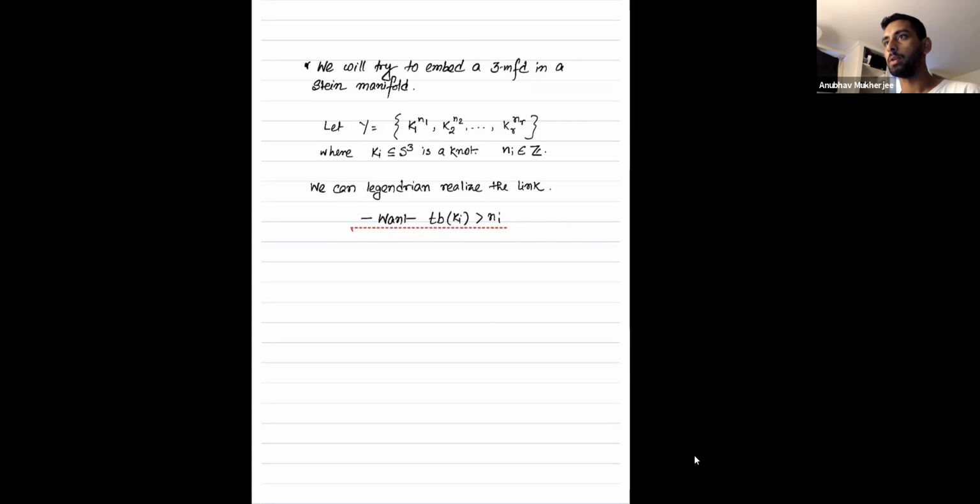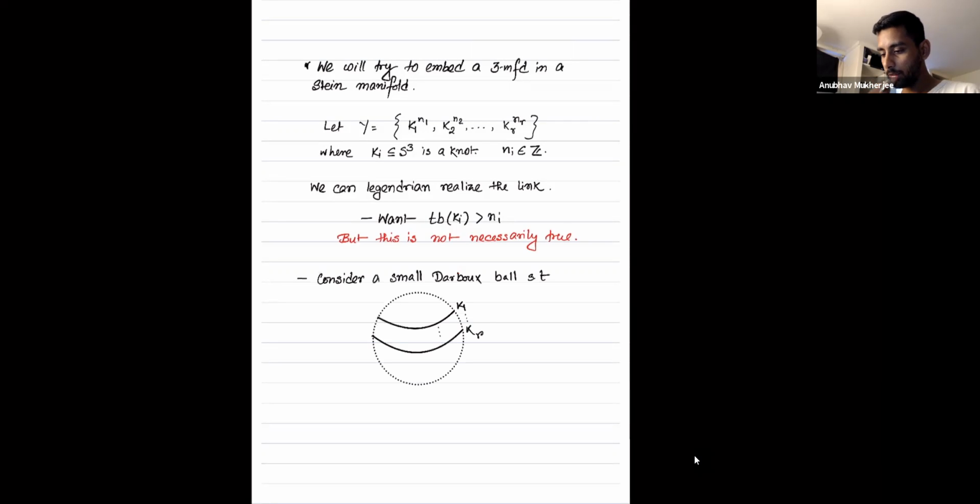If this is true, then we are done, because the result of Eliashberg and Gompf says that this is actually Stein, so we can cap it. But there is no reason that this condition should be true. And that's the problem. So let's try to understand how close we can get the Kirby picture to satisfying this particular condition.